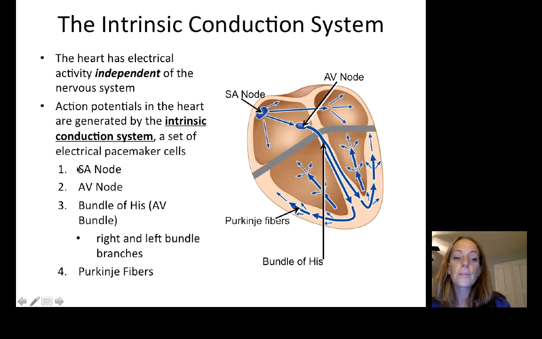So the first place is the SA node, and then activity will spread to the AV node. From the AV node, it's going to go down to the bundle of His. From the bundle of His, it'll spread down the bundle branches to the right and left bundle branches, and then up the ventricles through the Purkinje fibers.